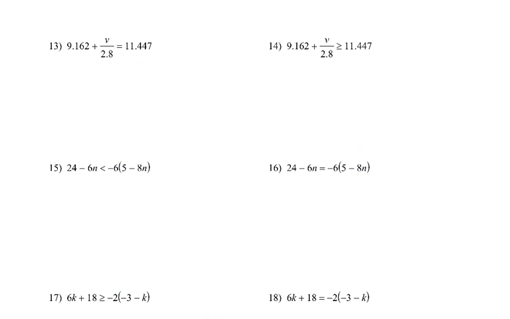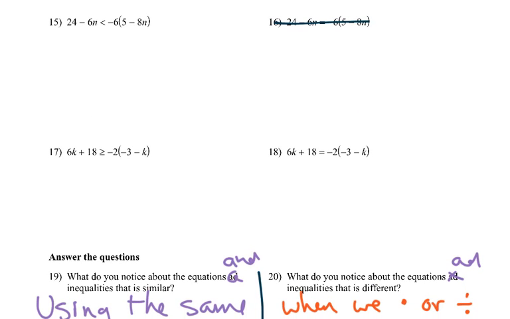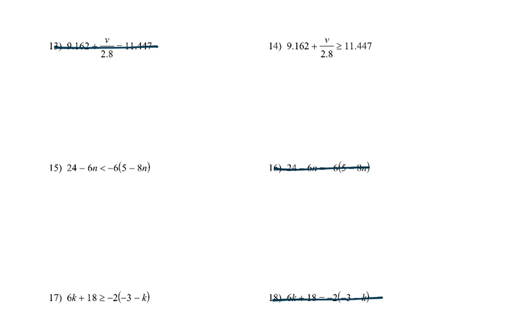Okay? And that's really what all of these are doing, so we don't really need to keep doing them twice. So I will just go and do the inequality versions just to give us a few more inequality examples, but everything else is pretty much the same.